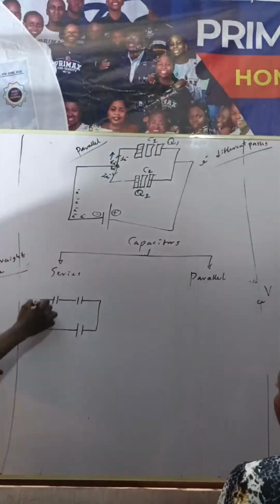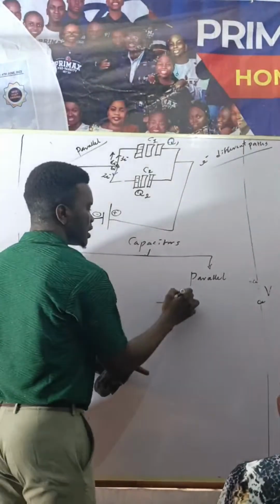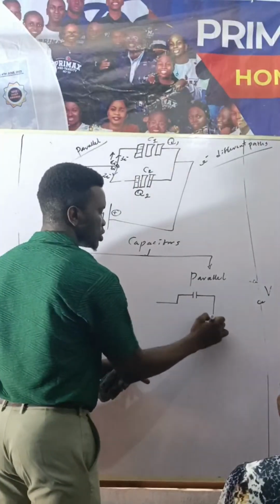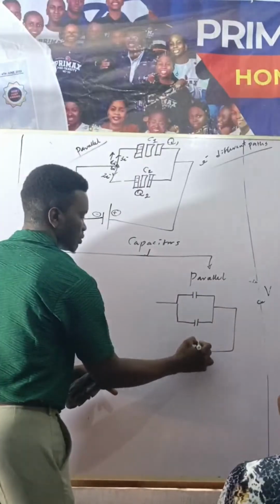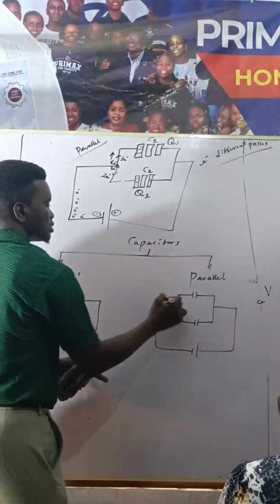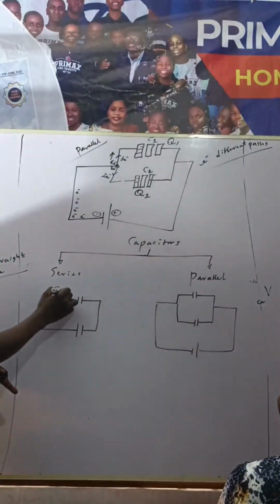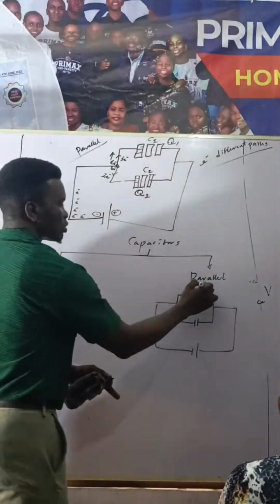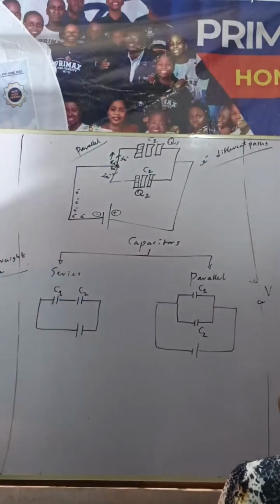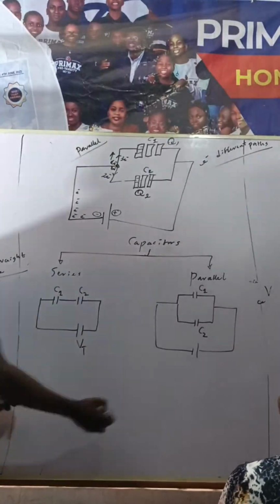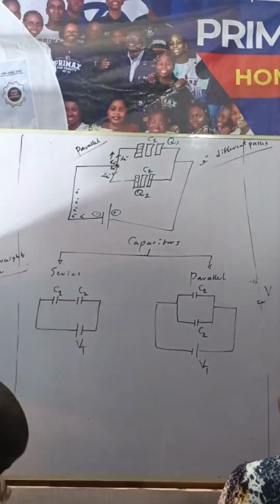When they are in parallel, they have a junction between them. So I can call this my C1 and this my C2. I can also call this my C1 and this my C2. This is the potential from the source, let's say the voltage from the source.